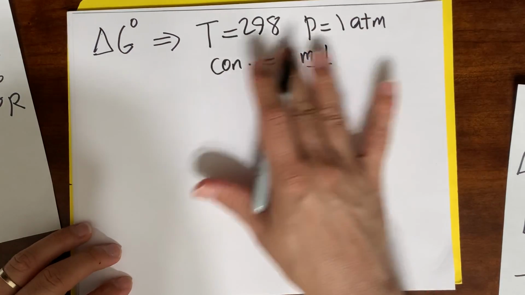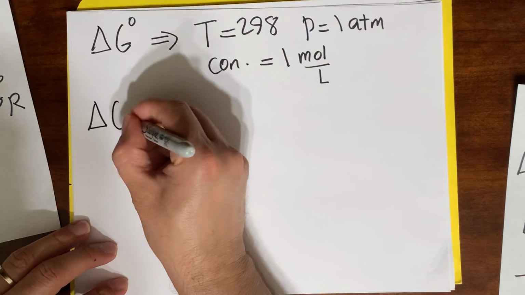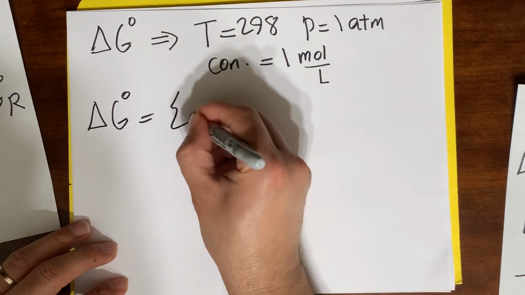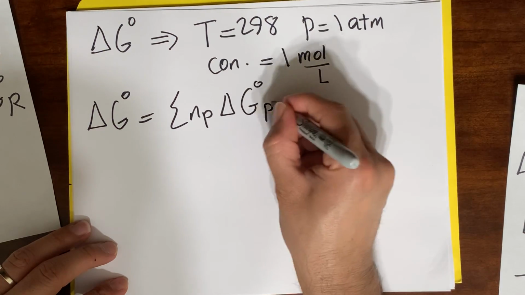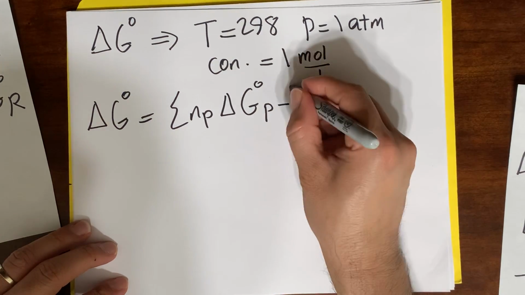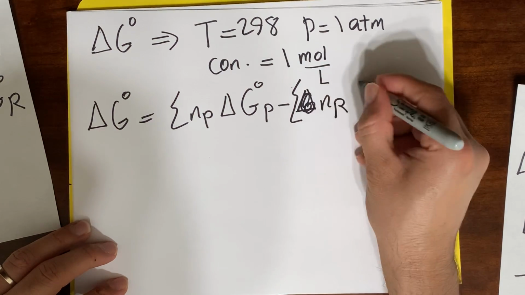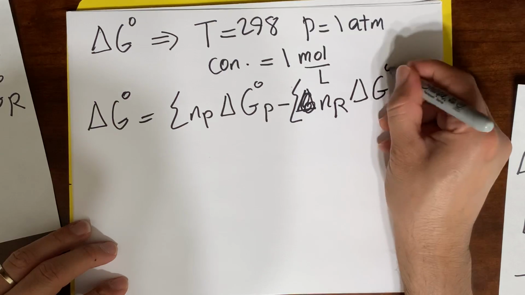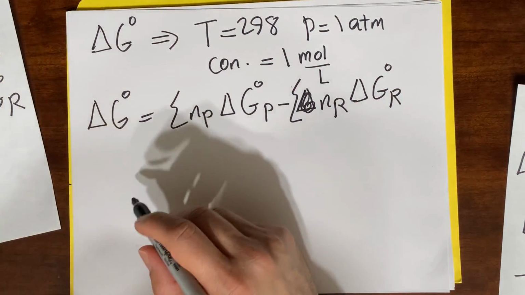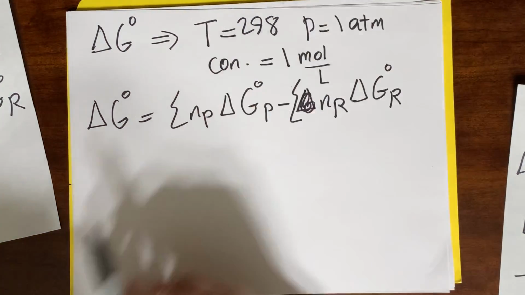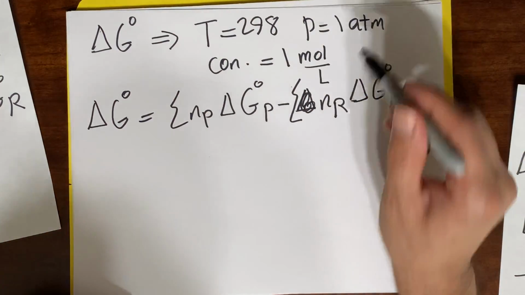Only when you are dealing with this condition can you use this formula. The bad side of it, you're stuck with this condition. It's really easy to use, but only for a standard condition.